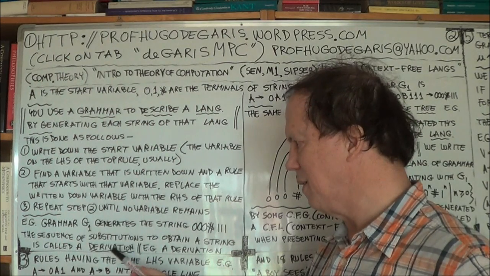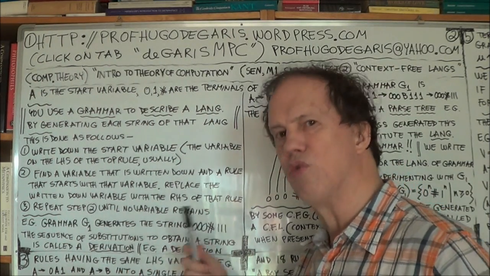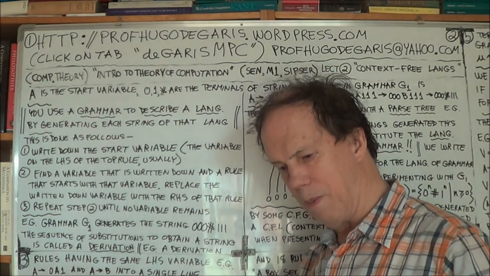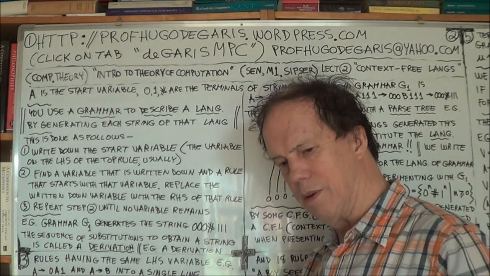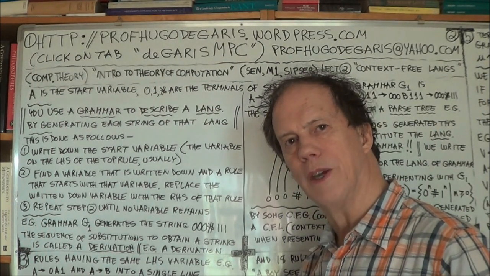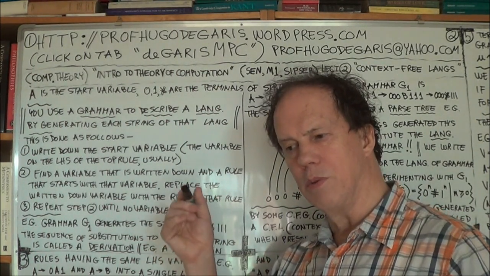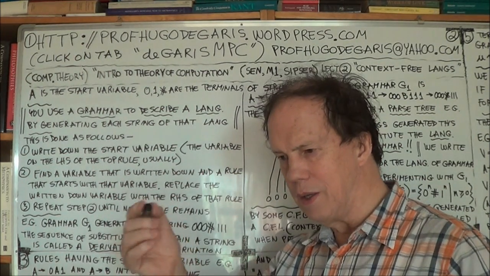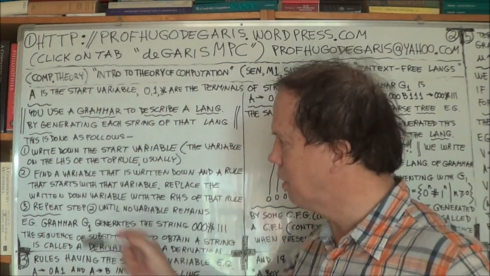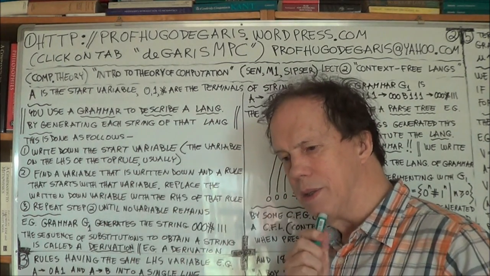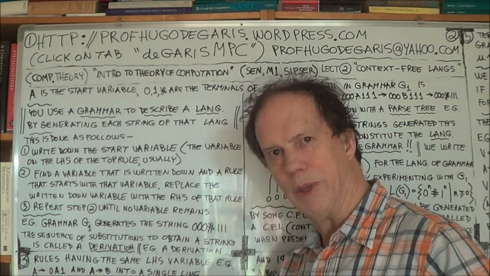The derivation ends when you come to a string whose symbols are all terminals. So you start with the start variable, usually capital S, and then substitute. You go through this step 2 umpteen times until eventually you terminate.